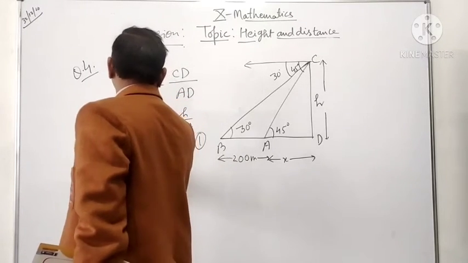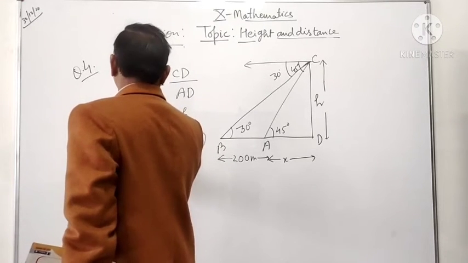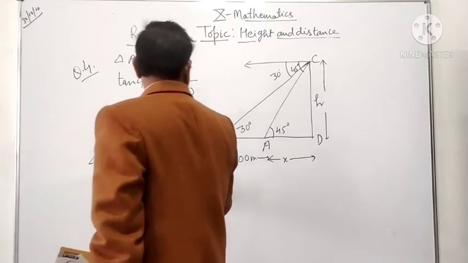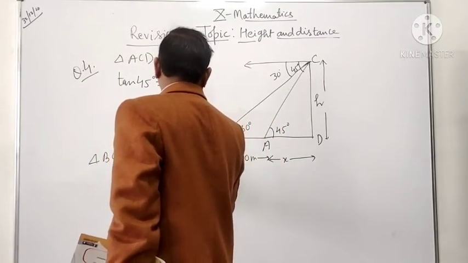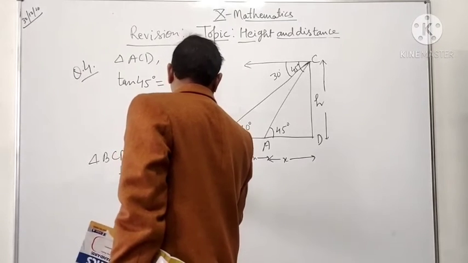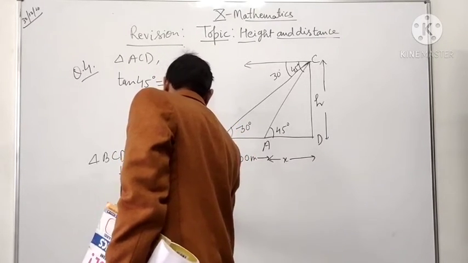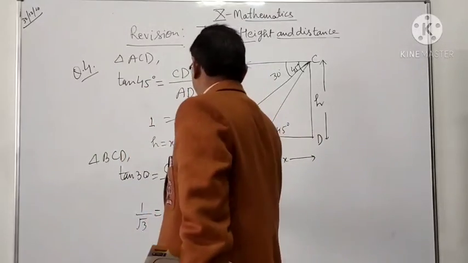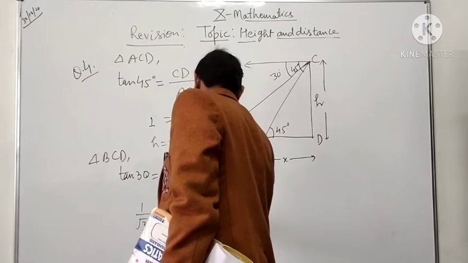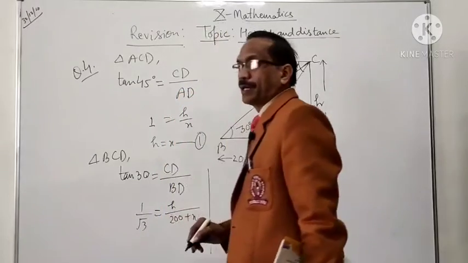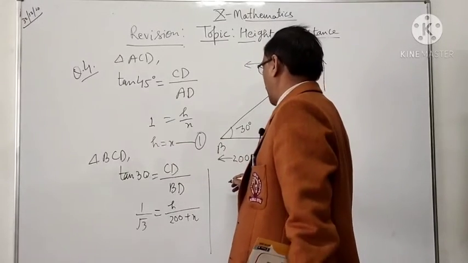And here triangle BCD. So tan 30 is perpendicular CD, base is BD, it is 1 upon root 3, CD is H and BD is 200 plus X. Since X equal to H, we have to find H.